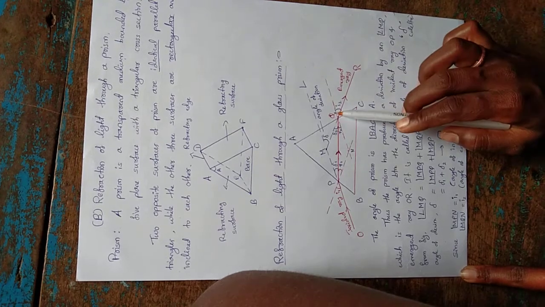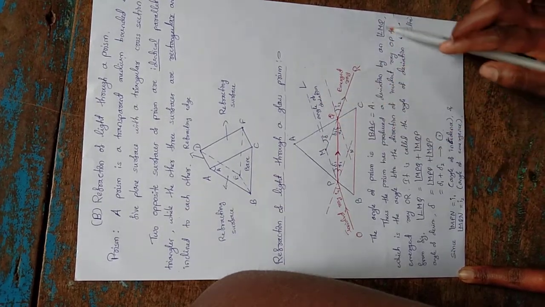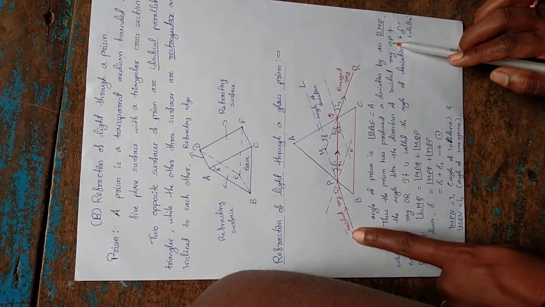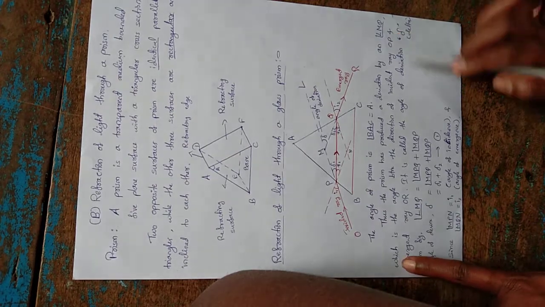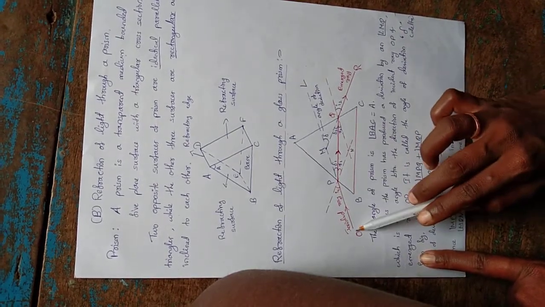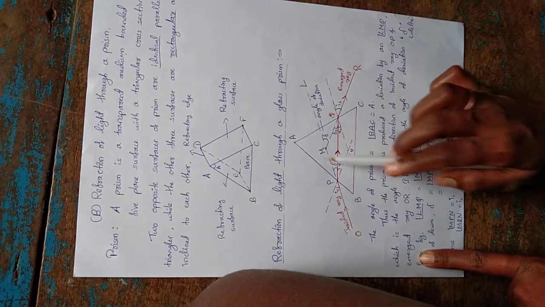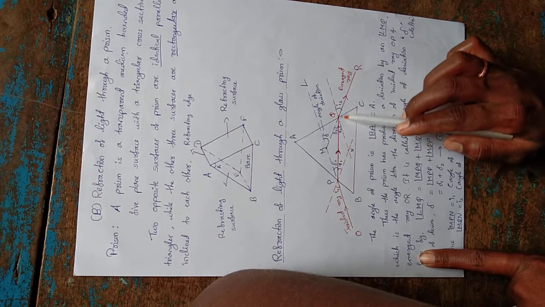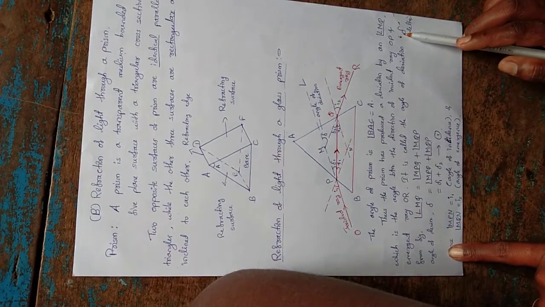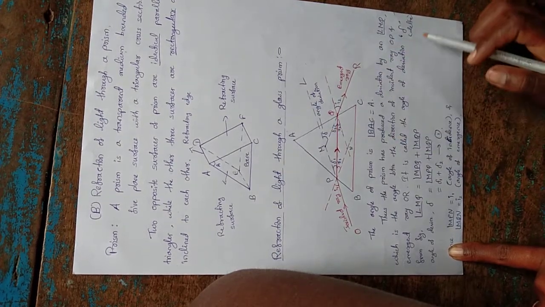Here LMQ is the angle of deviation, which is the angle between the direction of the incident ray OP and the emergent ray QR. It is called the angle of deviation, that is delta. This symbol is known as delta.